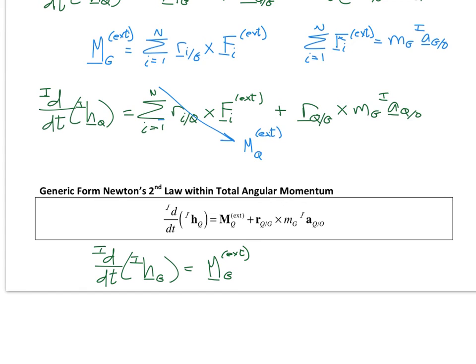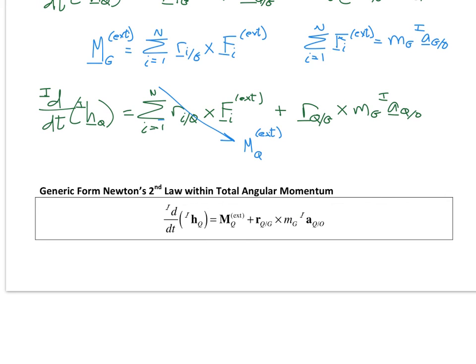And then here we have Q with respect to G, so G with respect to G, and that would make this equal to 0, so the entire inertial moment term goes to 0, and we're left with the relationship between the angular momentum with respect to the center of mass and the moment about the center of mass.